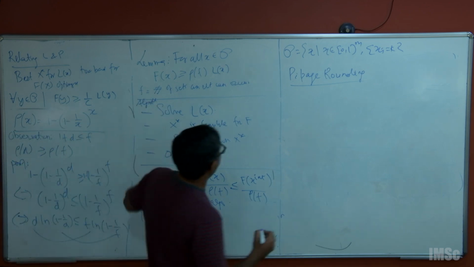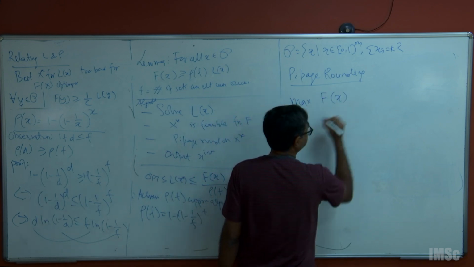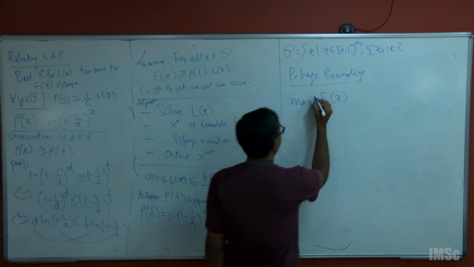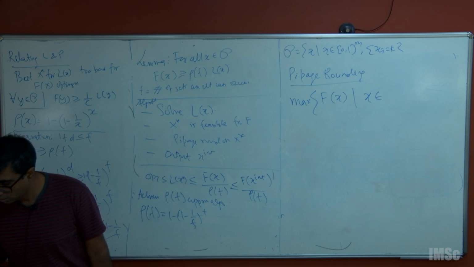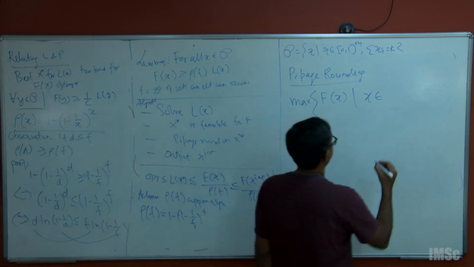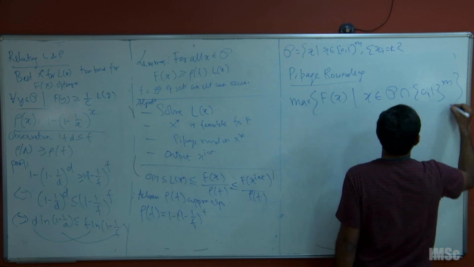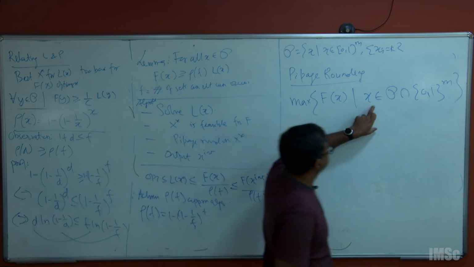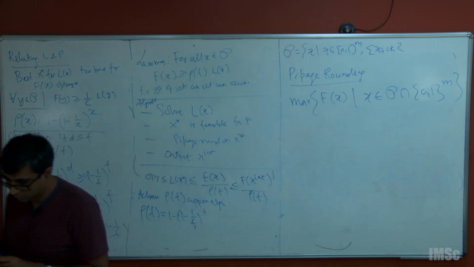So we want to maximize some f of x, over x in some P, a subset of 0, 1 to the power m. Okay, this is what our objective is, I want to maximize f of x here.